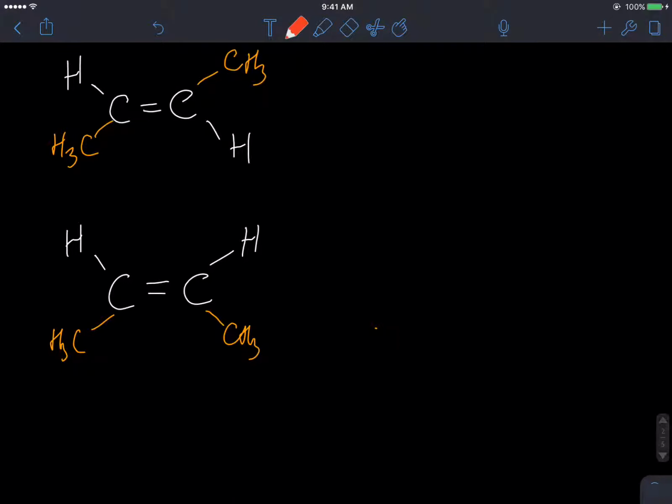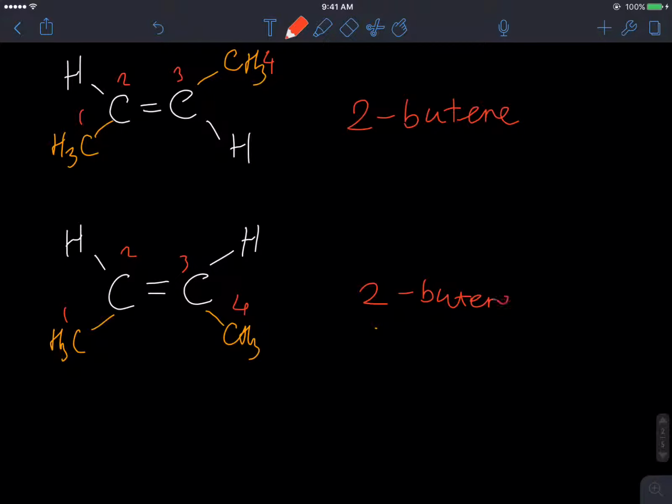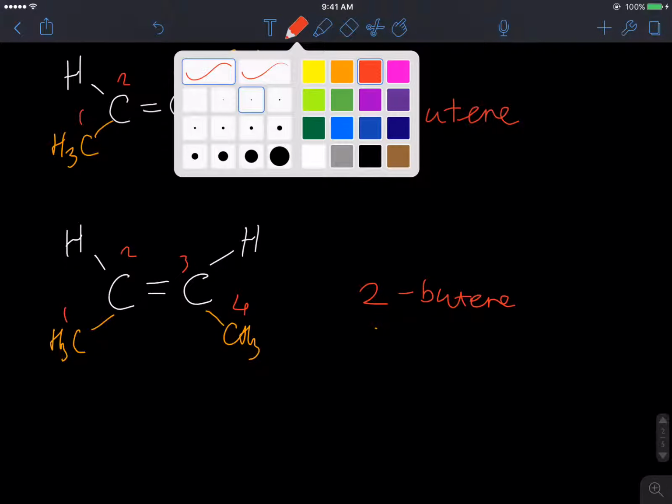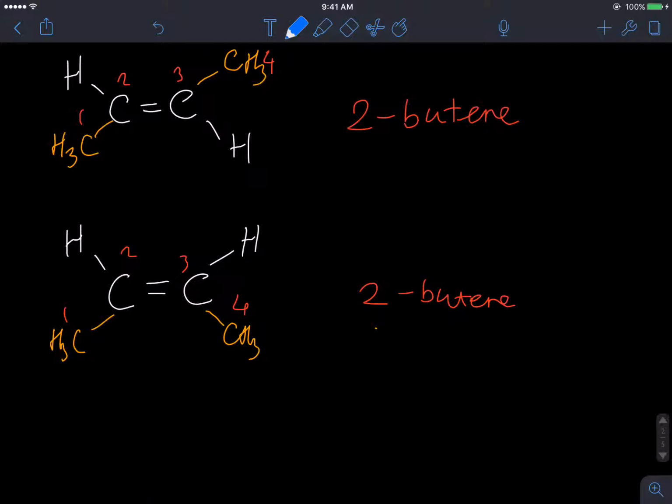We number 1, 2, 3, 4, so it's 2-butene. And this one is as well 1, 2, 3, 4, so 2-butene. What's different?